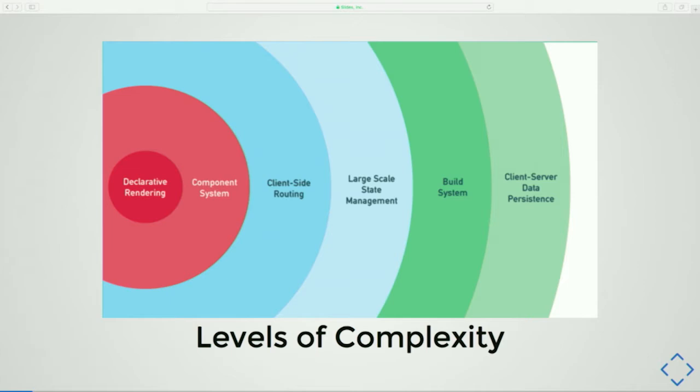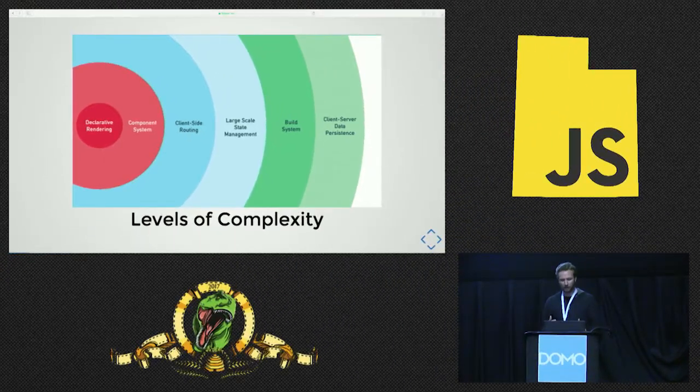So things here like declarative rendering, using logical components to build up our views, using client-side routing for navigating between views, and so on. These are only necessary after a certain point in our project when we reach a certain complexity. So when you add them too early, it creates some unnecessary complexity in our tooling.